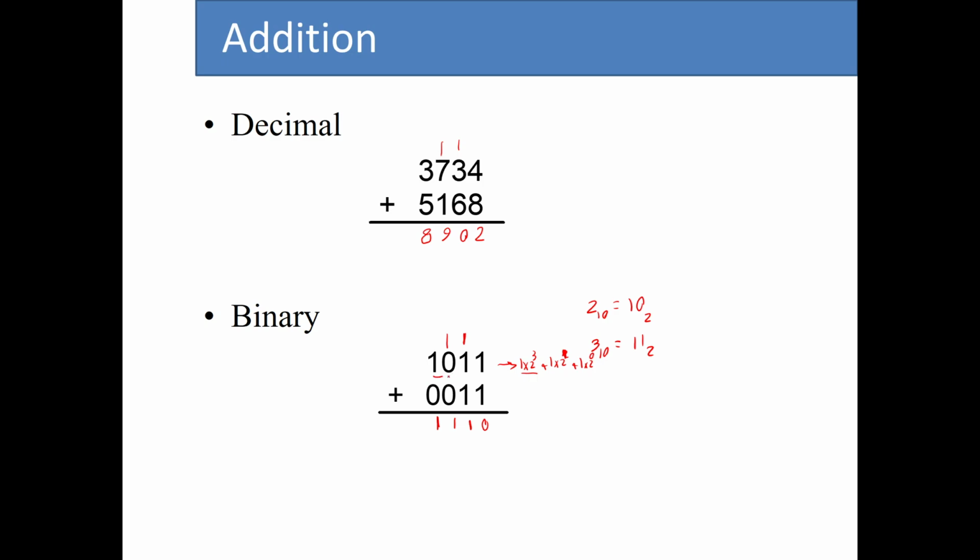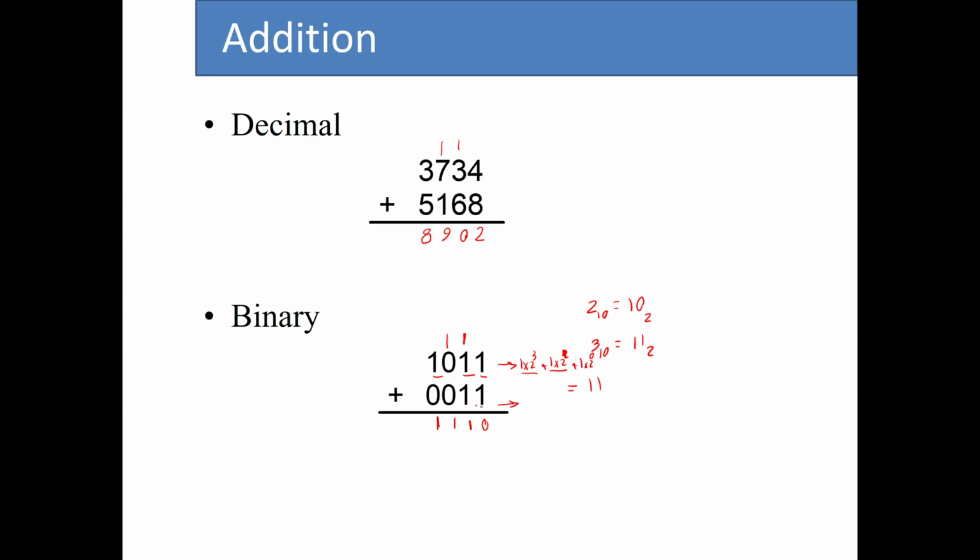Then we have 0 multiplied by 2 to the power 2, so I don't add it here. Then 1 multiplied by 2 to the power 1, which is this term. And then finally 1 multiplied by 2 to the power 0. If I add all of these together, I get 8 plus 2 plus 1, which is 11.